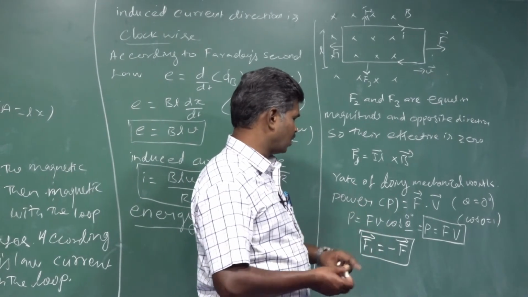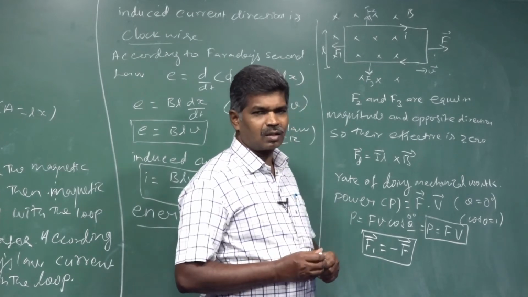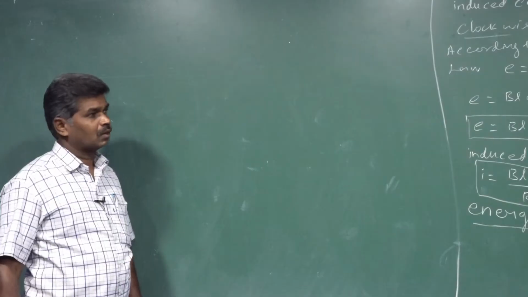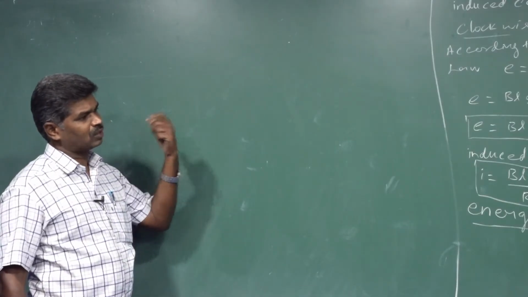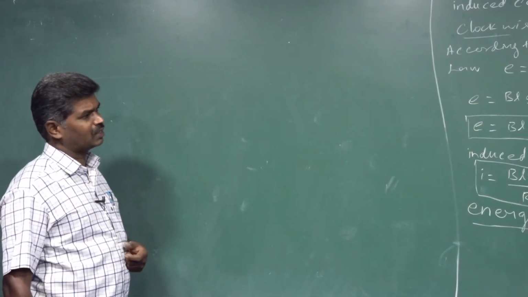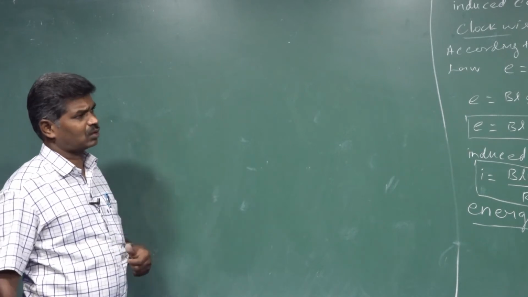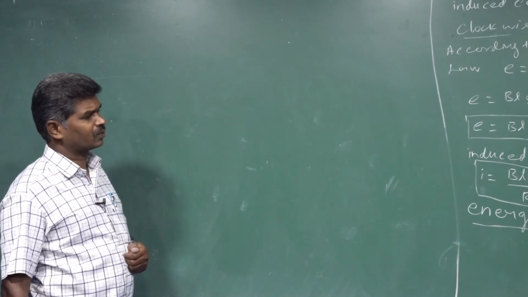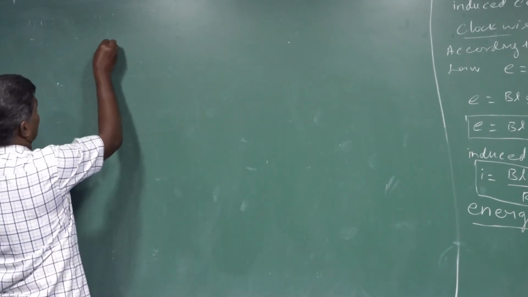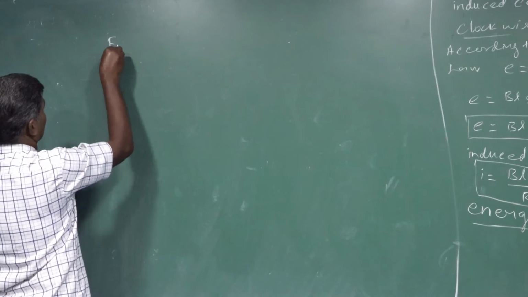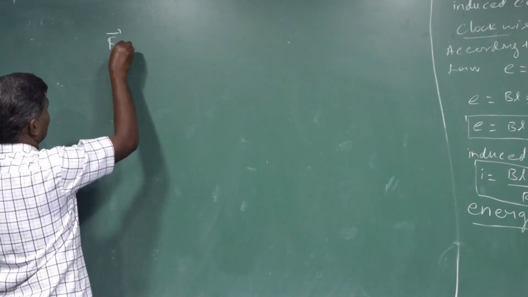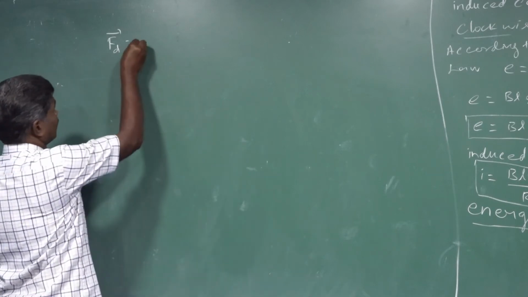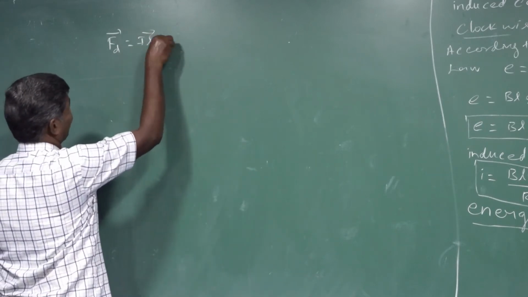Now we are going to calculate the magnitude of the magnetic force. The applied force acts in the right direction, so the deflecting magnetic Lorentz force acts towards the left. The deflecting force FD vector is equal to the magnetic Lorentz force, I L vector cross B vector.